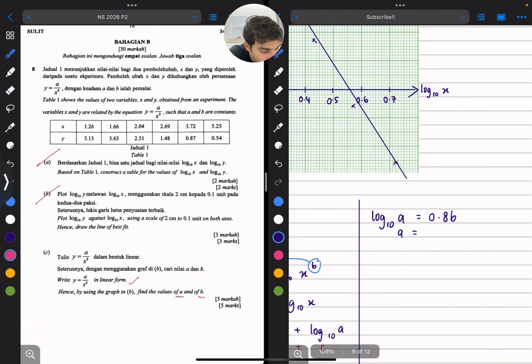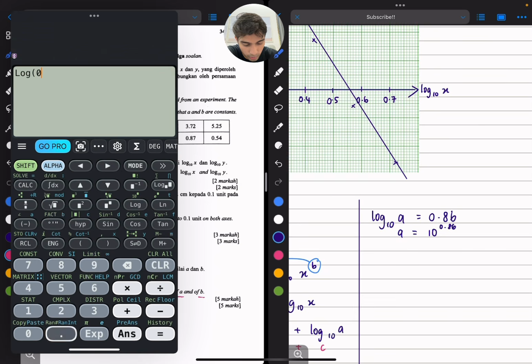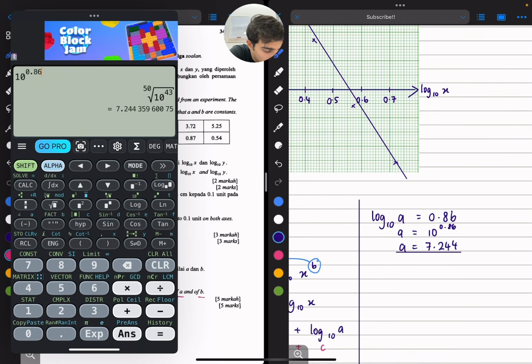Therefore, a will be 10 to the power of 0.86, because log 10, you move it to that side, it becomes 10 to the power of this. 10 to the power of 0.86, we get 7.244, which is the value of a.